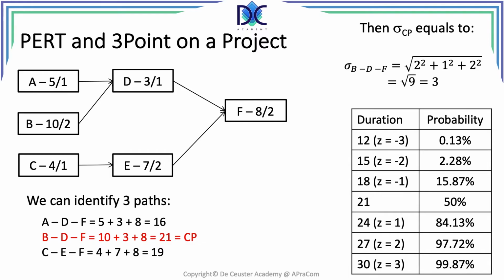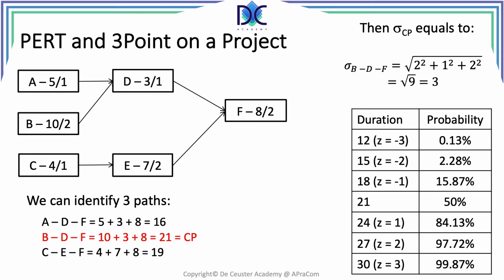For Z equal 2, it's around 13%. For Z equal 3, it's about 2%. So when we have a duration, whatever it is, it doesn't have to be 24, we can calculate the corresponding Z value, and we know that there is a specific probability that we can finish the project in that duration or less.